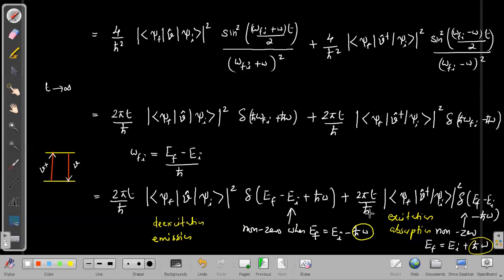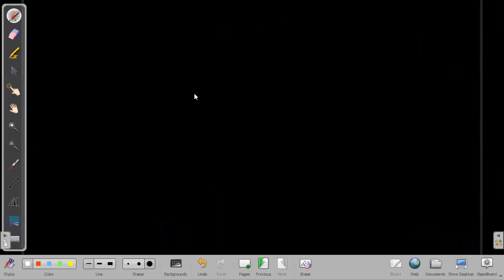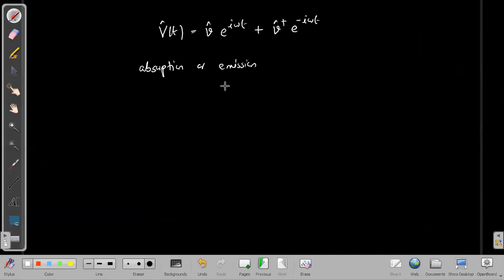Okay, so we can conclude this session. If we have a harmonic perturbation in the form V e raised to i omega t plus V dagger e raised to minus i omega t, then there can be two processes, either absorption or emission.